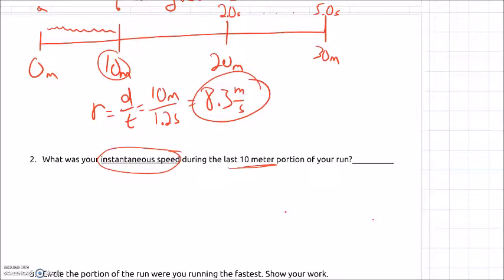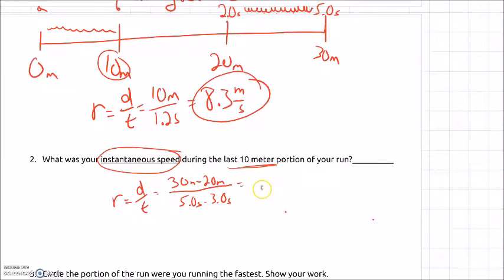So what we're interested in here is what our velocity was between that 20 and 30 meter section. Rate equals distance over time, where our distance is 10 meters because we ran from 20 meters to 30 meters, and our time is 5 seconds minus 3 seconds.